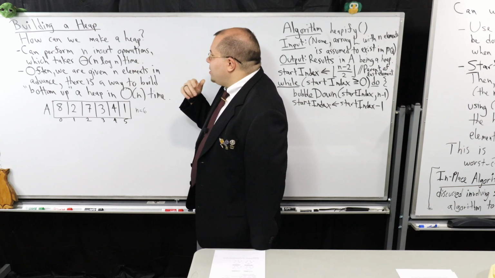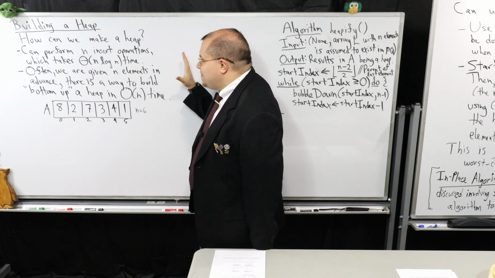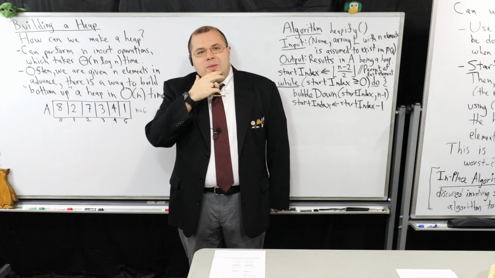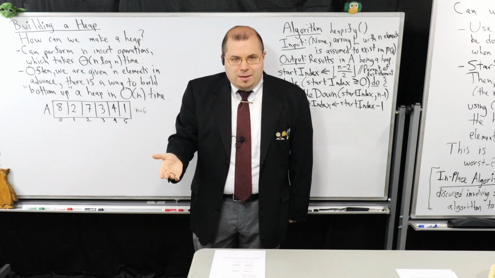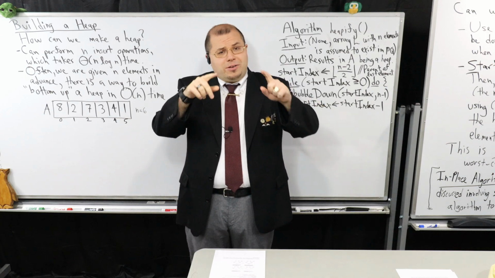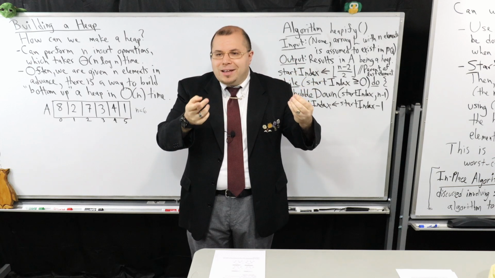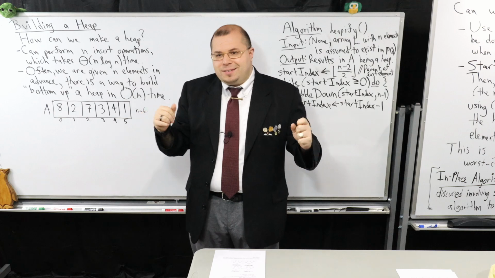But first, I want to touch upon something involving heaps. One natural question that might pop up is, I showed you an array-based implementation of a binary heap. It was very simple to interpret. You can imagine the tree structure, and you have a very easy way of computing where certain elements will be in that tree using the array representation.